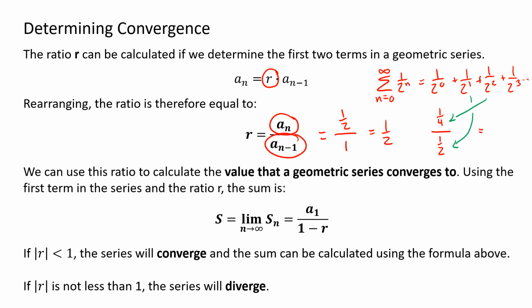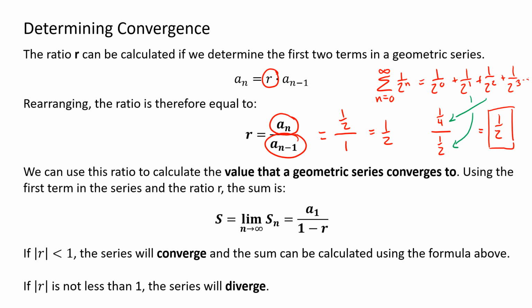If you calculate that out, 1/4 divided by 1/2, again, is 1/2, okay? So in a geometric series, this ratio is always the same between terms directly beside each other in the series, all right? And that ratio becomes important because it allows you to determine convergence.